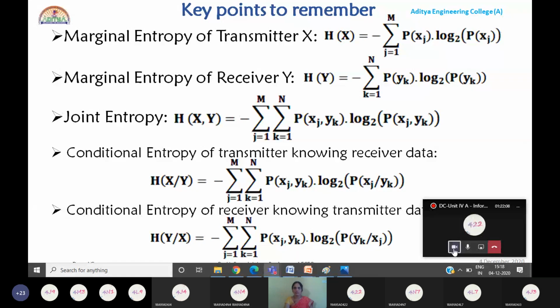Joint entropy. Okay. H of x comma y is equal to minus summation m to j is equal to 1, summation n to k is equal to 1.